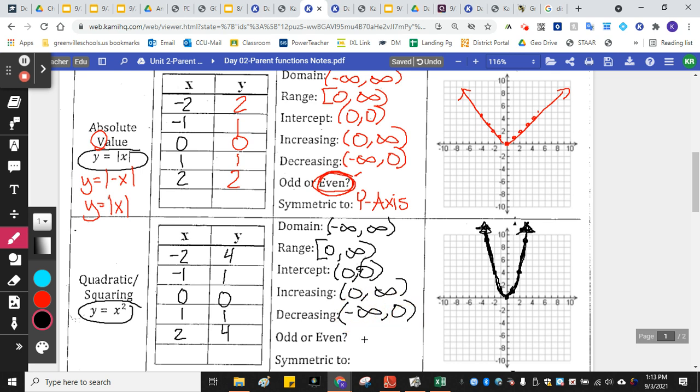Decreasing, negative infinity to 0. Even. What's the magic about the squares? It's going to make it even. If I plug in a negative x and I square it, it's going to make it a positive. So it's the same as the original. So it's even. So actually all that information is the same for absolute value and quadratic. We just copied it over again.